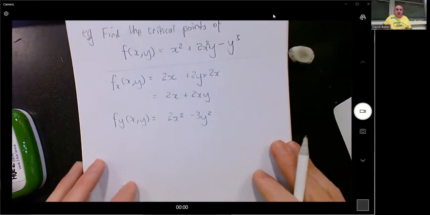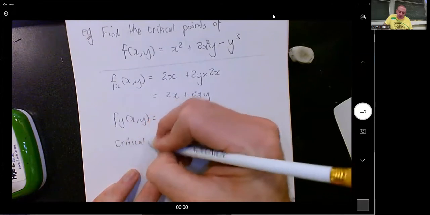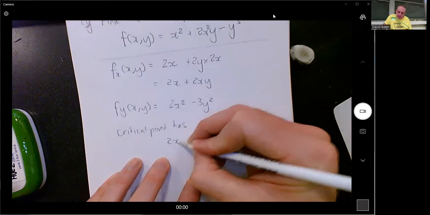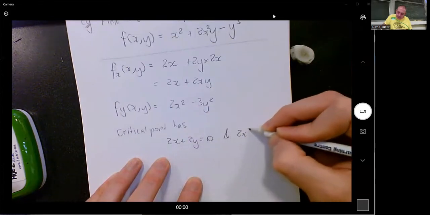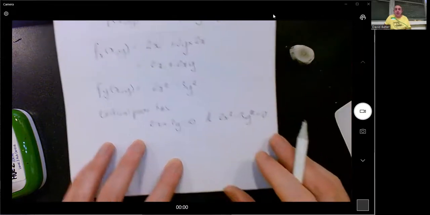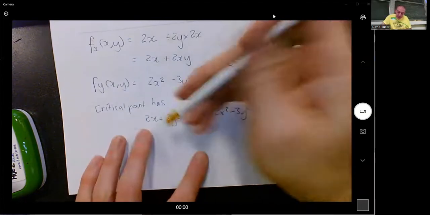And so to be a critical point, they're both 0 at the same point, at the same time. They both have to be 0 simultaneously. Whoop, that's a 2xy, sorry.